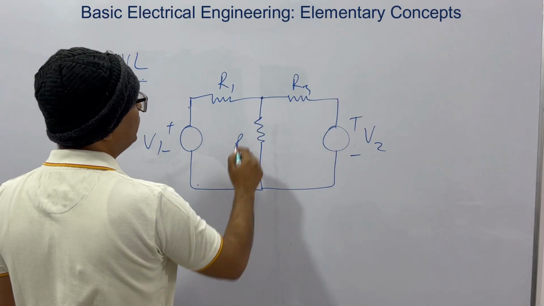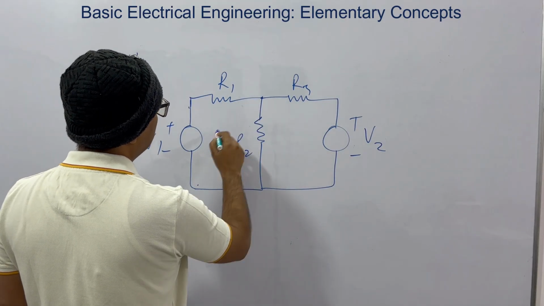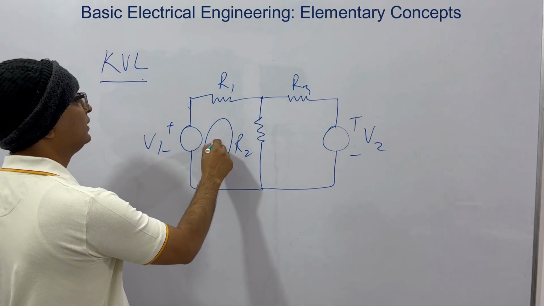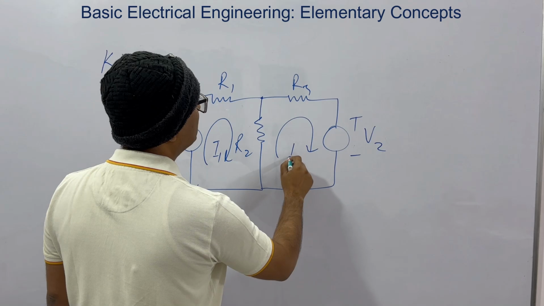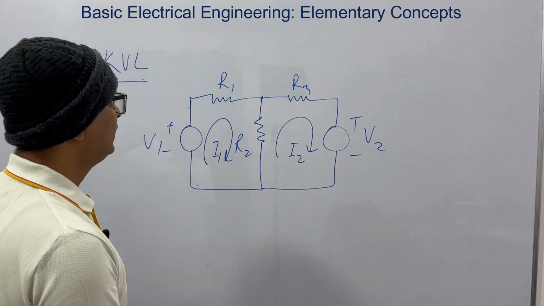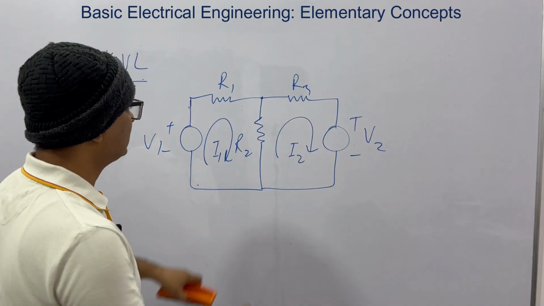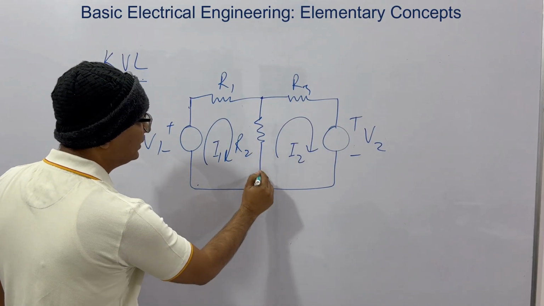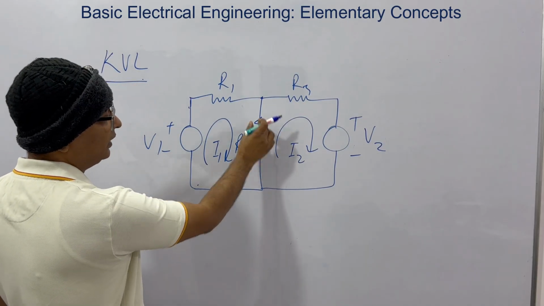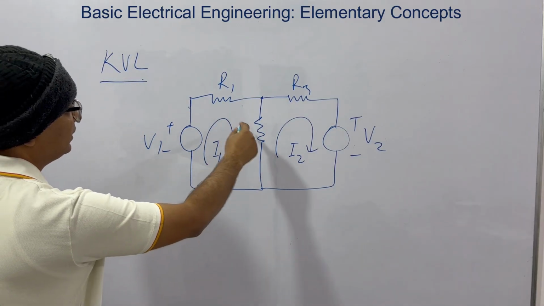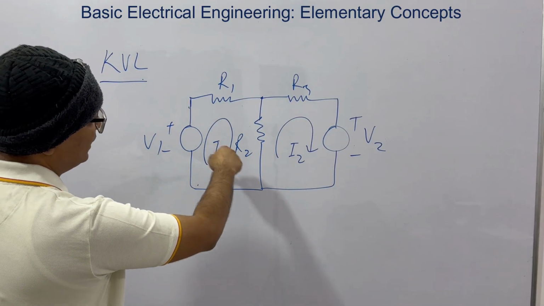Let's say a current I1 is flowing in this circuit and a current I2 is flowing in this circuit. So effectively what current is flowing in this branch? If we take this direction, we'll have I1 in this direction, I2 in this direction. So the net current in this direction is I1 minus I2.